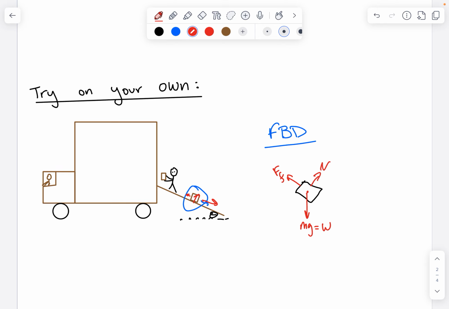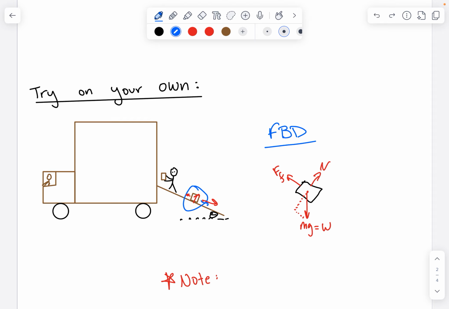diagram. One thing to note, notice how everything equals out and cancels out, right? So we have a force to the left being friction force.